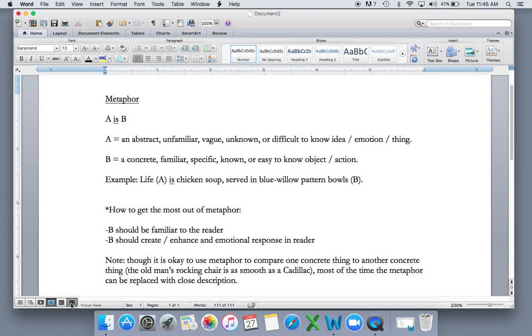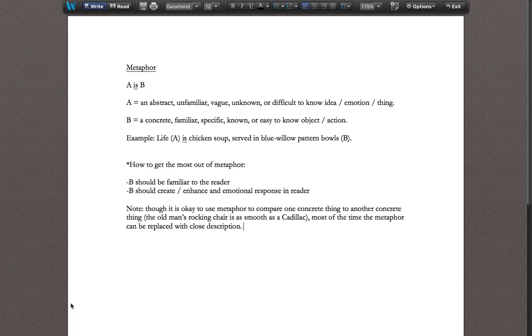So I'm first going to go to a page that just explains metaphor a little bit. Now you've learned metaphor before, you've learned simile, and this is going to be a refresher to remind you of how it operates, but then also some of the best ways to use metaphor. So basically, metaphor follows an equation that says A is B. This thing is that thing.